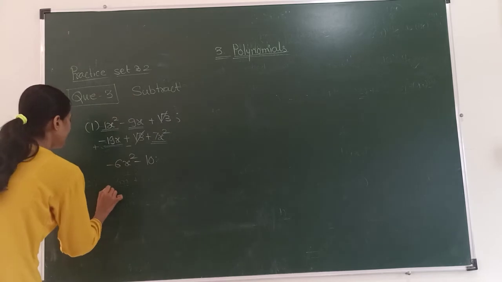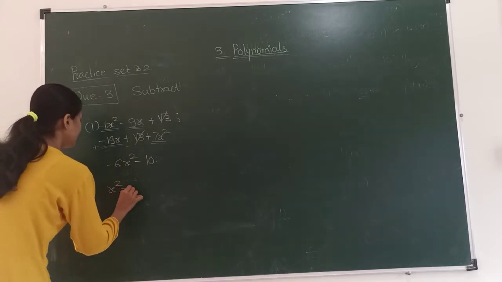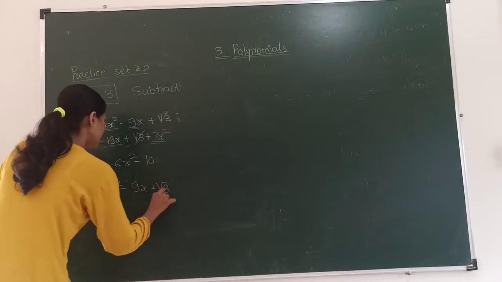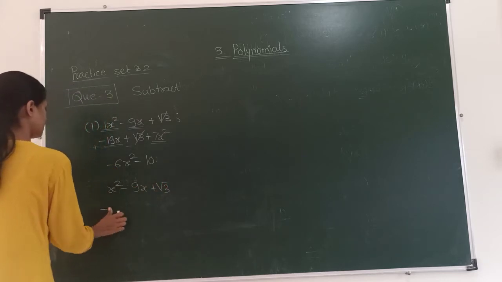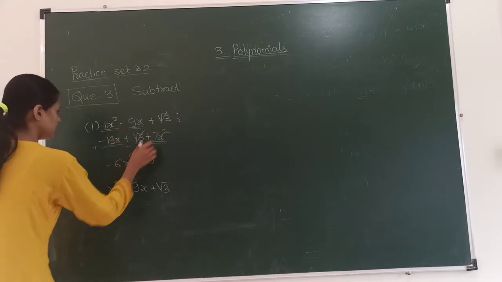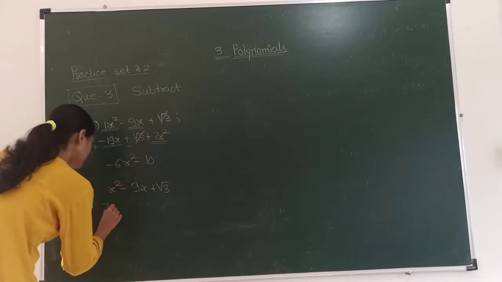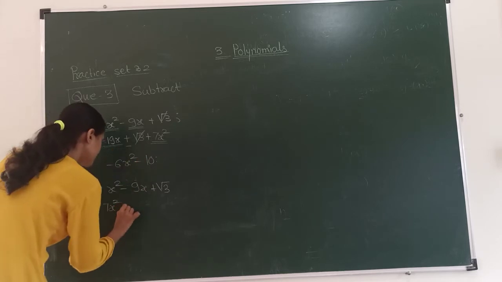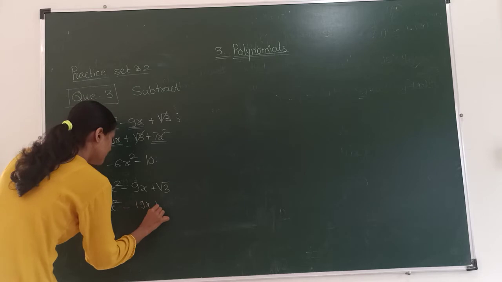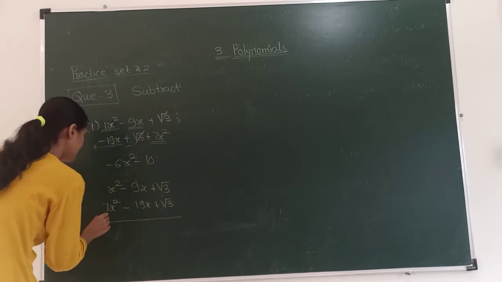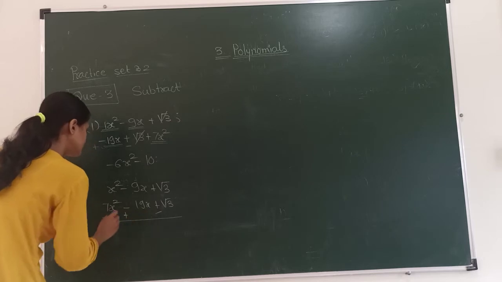You can write the first polynomial x square minus 9x plus under root of 3. We have to do the subtraction, so we will write the like terms below. So x square, we will write this term over here, 7x square minus 19x plus under root of 3. We will change the signs, minus, plus and minus.